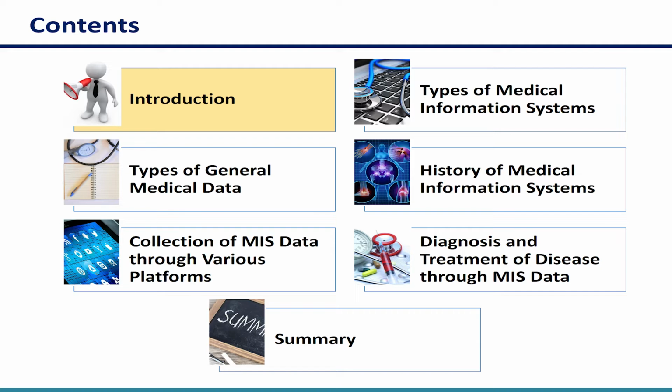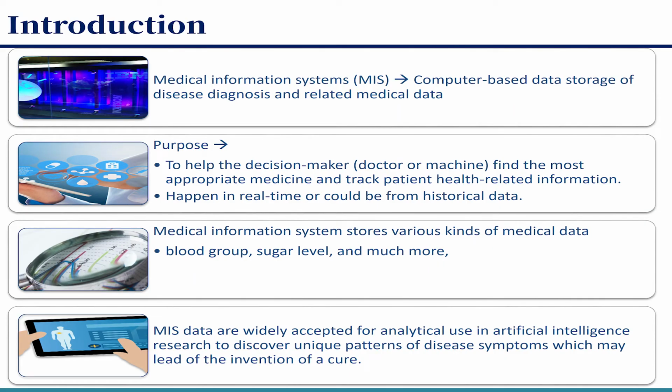We will also cover the history of the medical information system, collection of MIS data through various platforms, and give examples of how diagnosis and treatment of disease happen through MIS data. And finally we're going to conclude this class. Okay, so that's the introduction part.